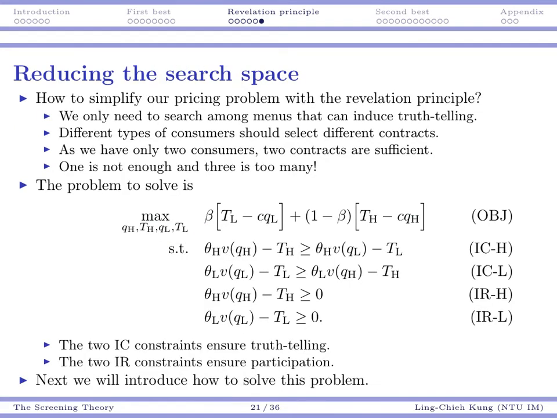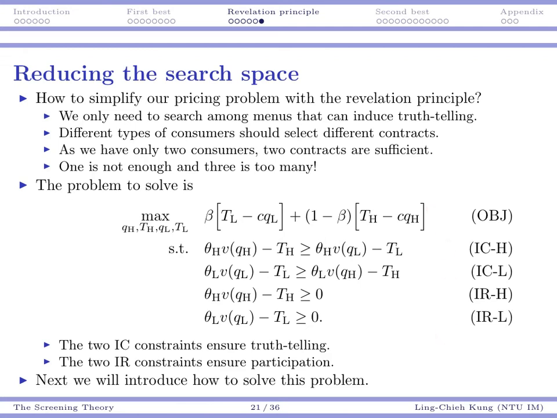So once we apply the revelation principle, the idea is now clear. I only need to search among those truth-telling contracts, and that's going to make different types of consumers select different contracts in equilibrium. And that will allow me to know what they will do. That's the second stage problem, right? And then I can formulate my first stage problem to try to maximize my expected profit, like this.